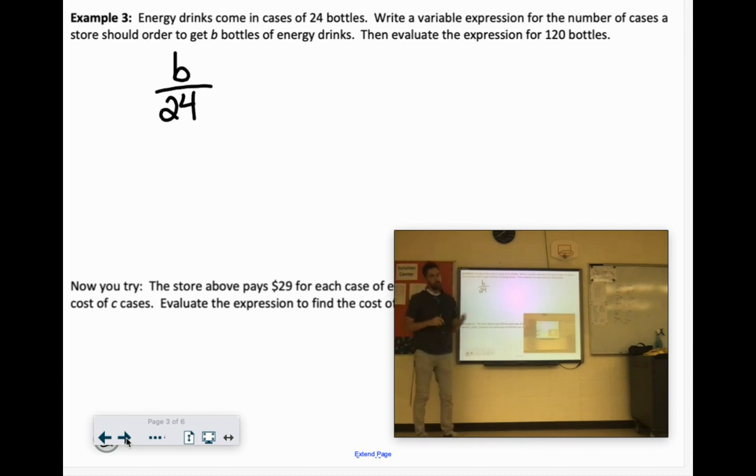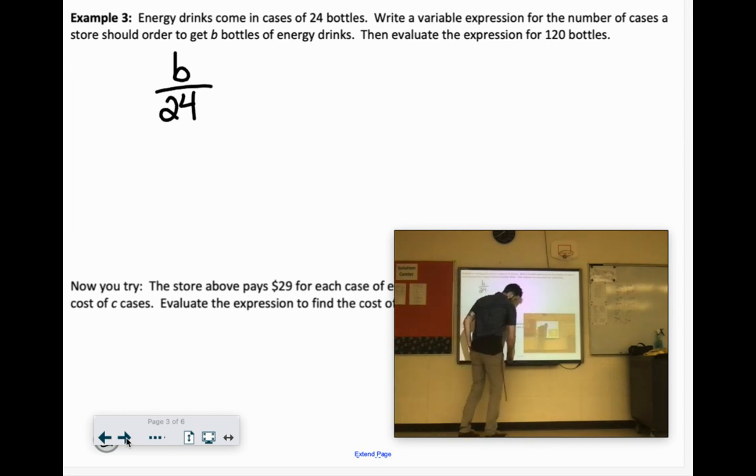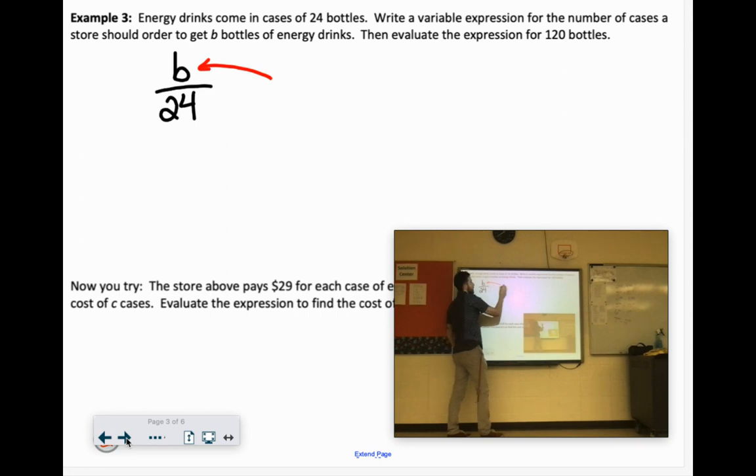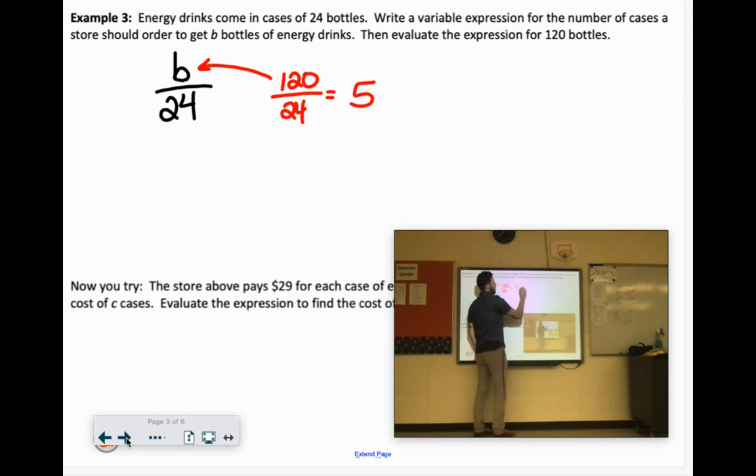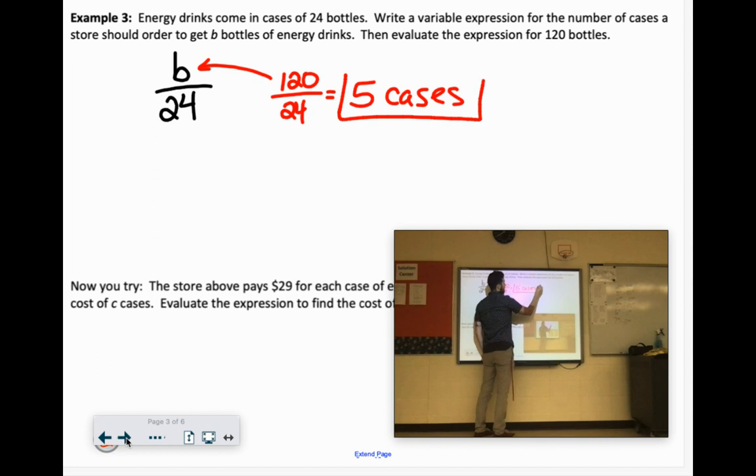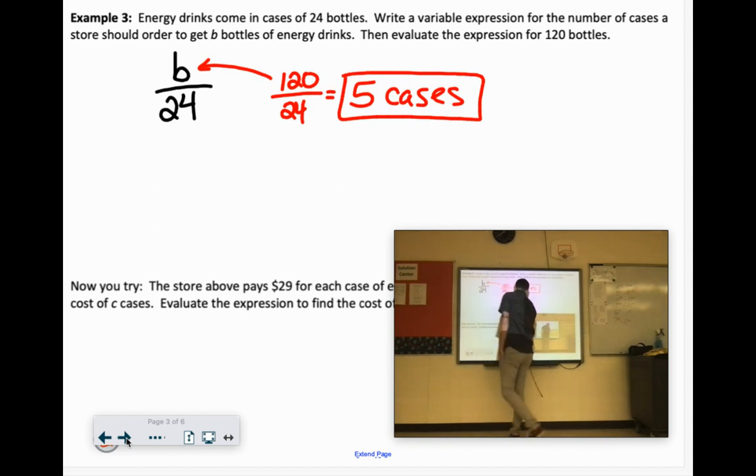And that'll give us our number of cases that we need to order. Then evaluate the expression for 120 bottles. So 120 bottles, that's going in for B here. 120 divided by 24, which gives us 5 cases. That one was pretty tricky.